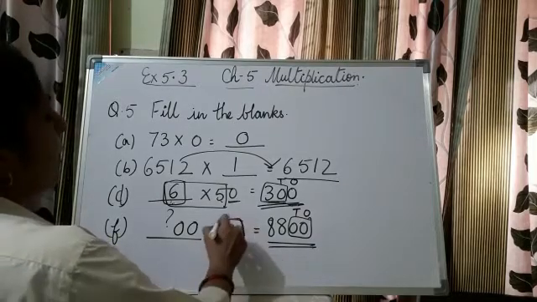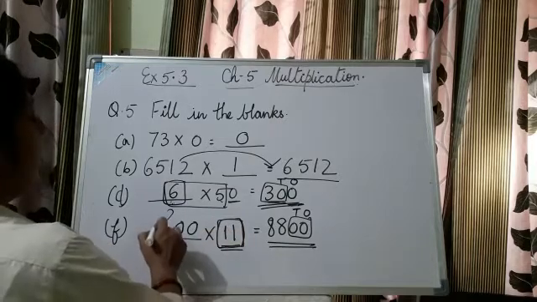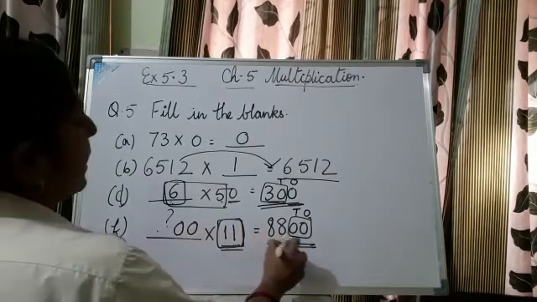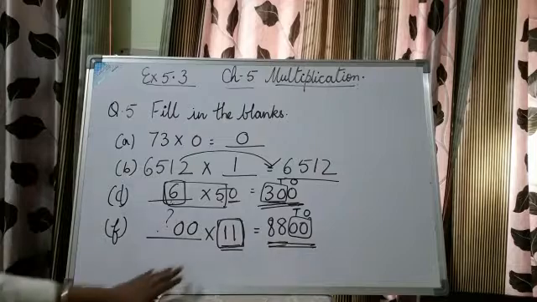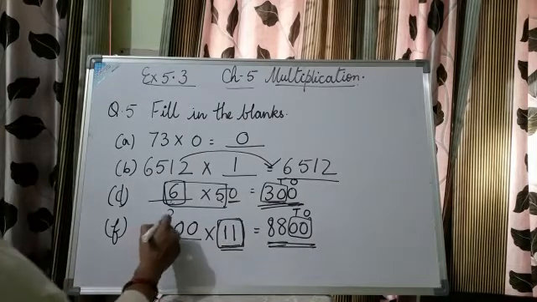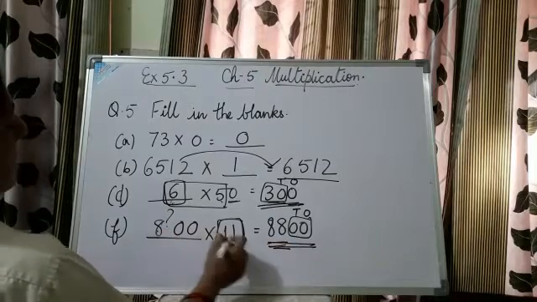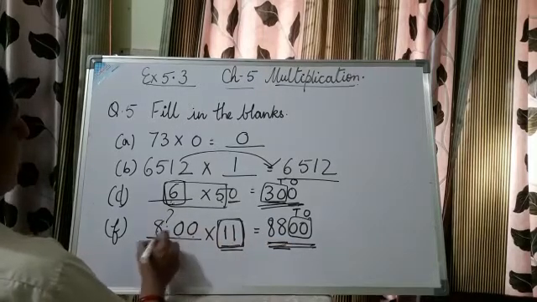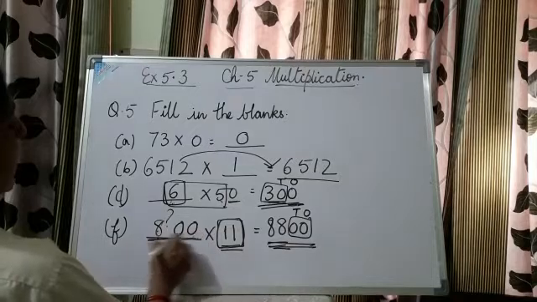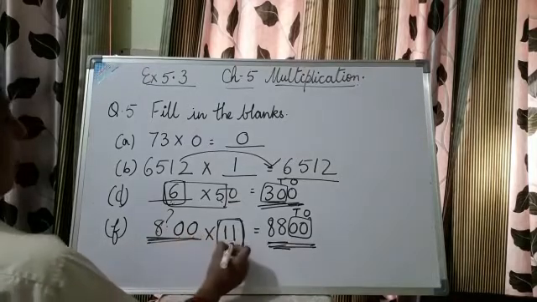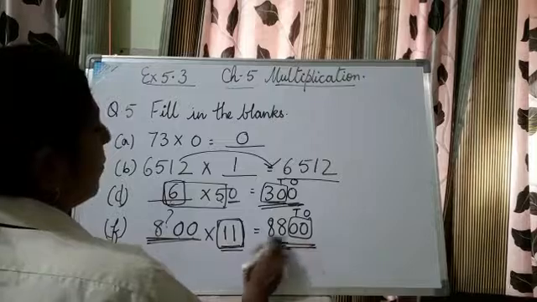Which number would be multiplied with 11 to get 88 as the product? It means 11 8s are 88. 8 is the number, 8 and 0, 800 is the number missing here, which when multiplied with 11 will give you the product as 8,800.